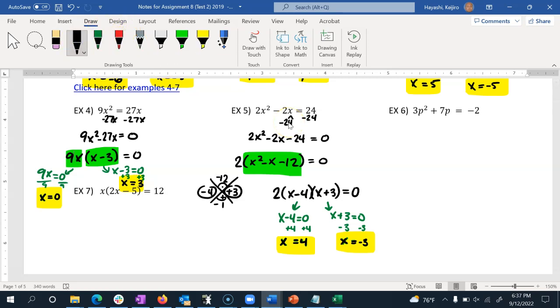Okay, similar thing. Here you've got a p squared term and a p term on the left. You've got a constant on the right, so maybe you want to move the constant on the right to the left by adding 2 to both sides.